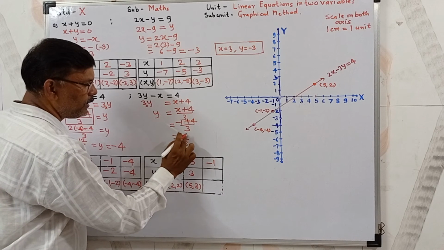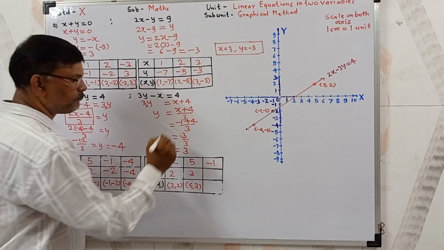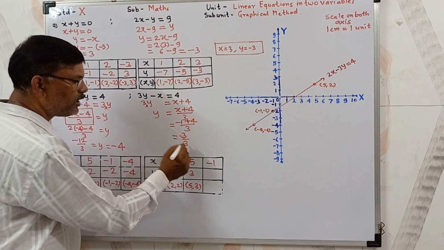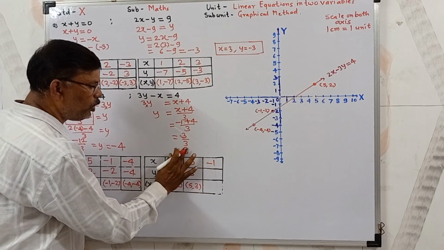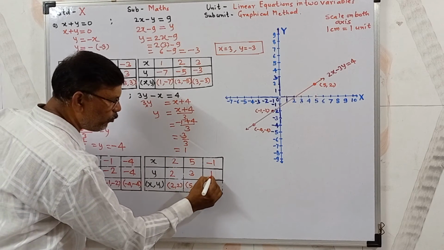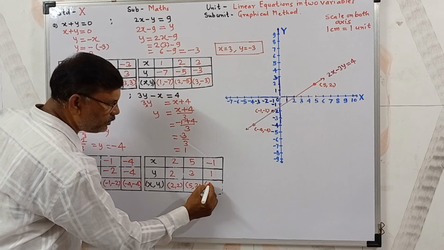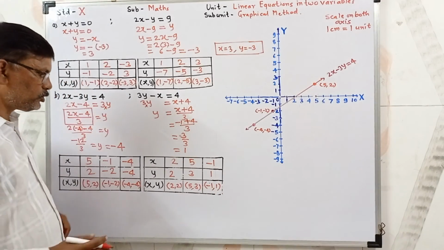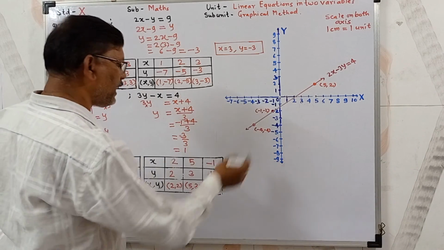So 3 upon 3 is equal to 1. So the value of y is 1. So what is the point? Minus 1, 1. Understood? Now put these points on the graph.